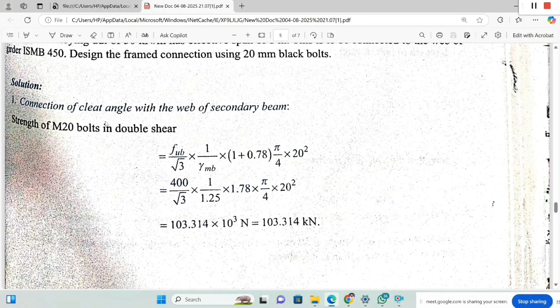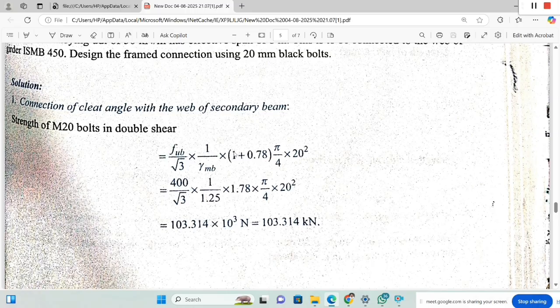Now we'll consider the first step, connection of the cleat angle with the web of the secondary beam. So you have to know the strength of the bolts in double shear. For the web of the secondary beam, the bolts will be in double shear. You know this formula. This is the area of the cross section of the 20 mm diameter bolt, and Fu by root 3 is the ultimate strength, divided by the partial safety factor for the material of the bolt.